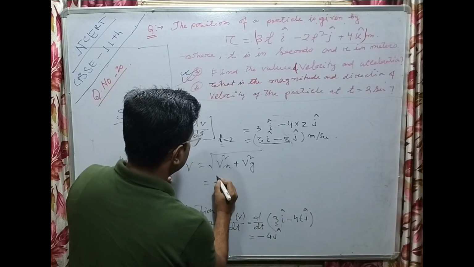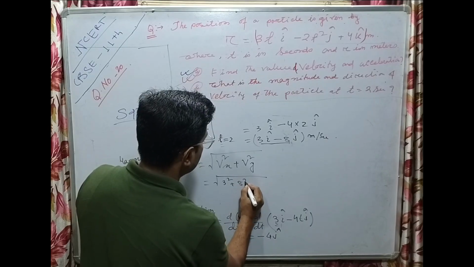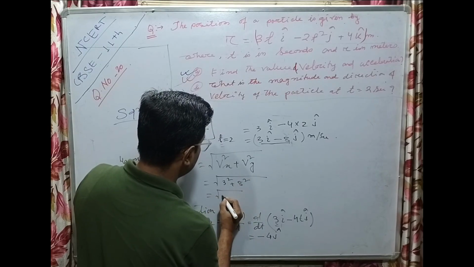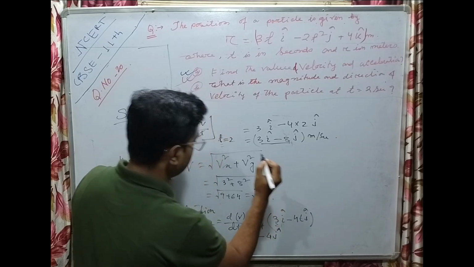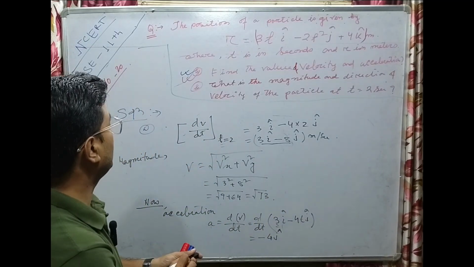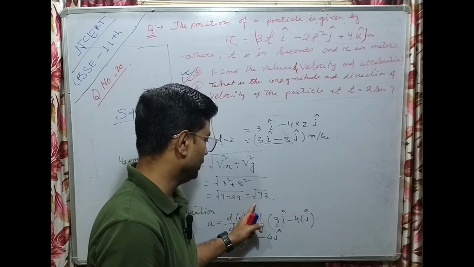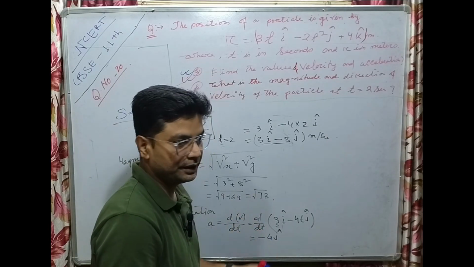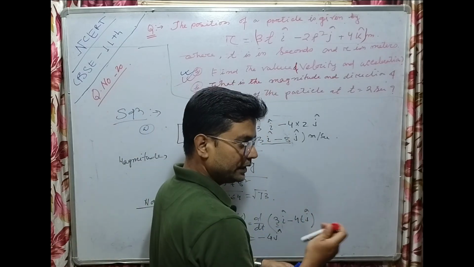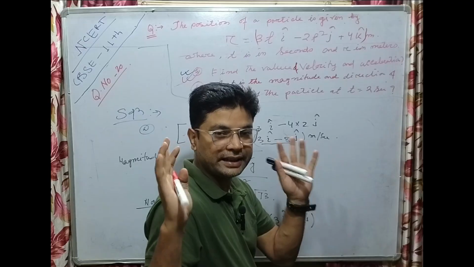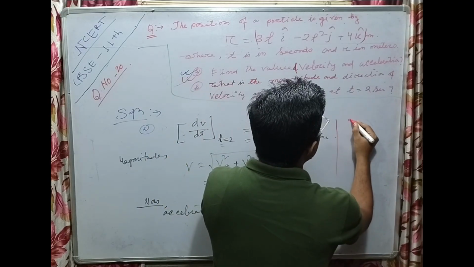So substituting these two values, 3 square plus 8 square is equal to root under 9 plus 64, is equal to root under 73. This is the value of the magnitude of the velocity. Students, you can calculate an approximate value of root under 73.